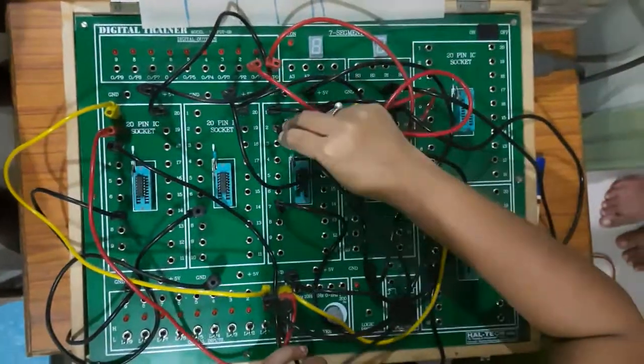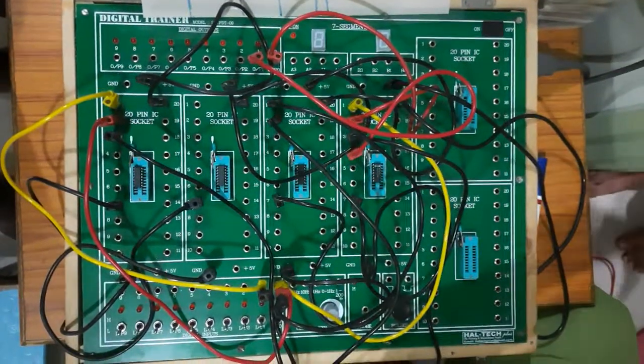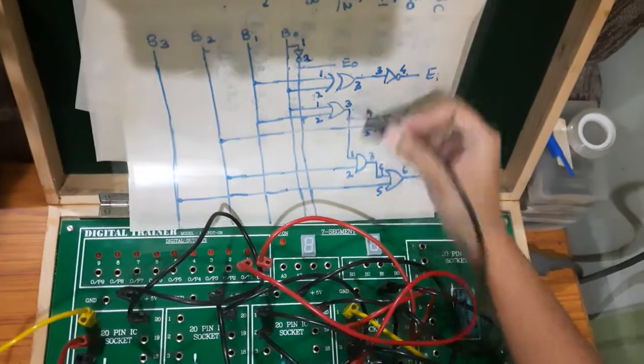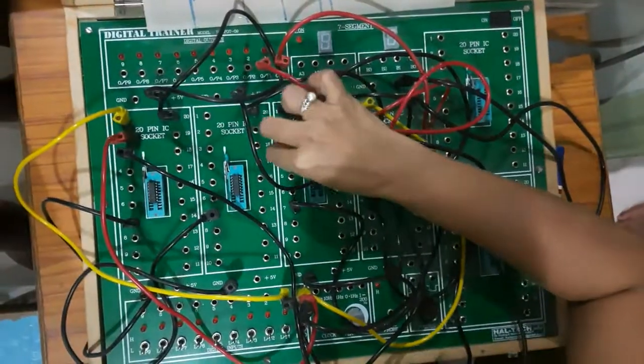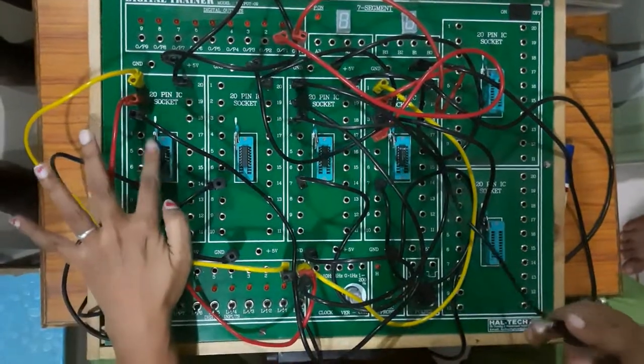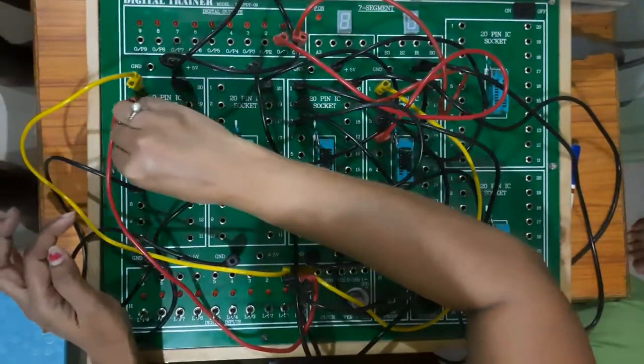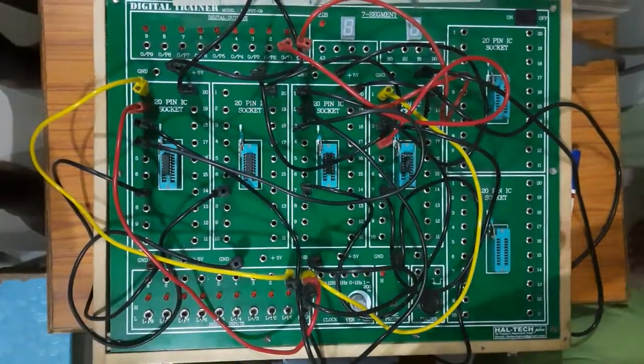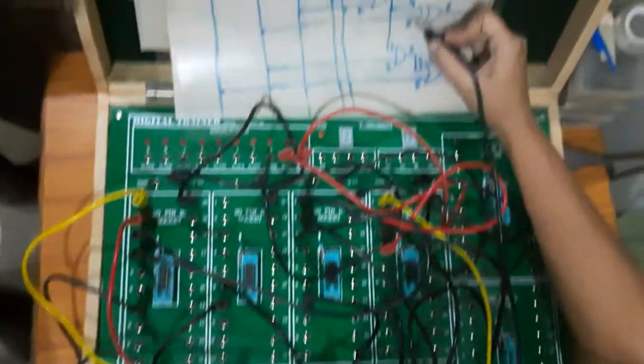Now B1 is to be connected to the second pin of the OR gate. Then the third pin of the OR gate is to be connected to the fourth pin of the XOR gate. Now this is what my XOR gate is, the fourth pin of the XOR gate, right? Till this part we are done.